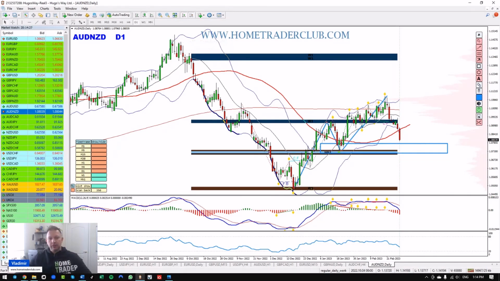If we look at the sequence from the previous bearish move from September 2022, you can see also a sequence of lower highs, lower lows. Look where the most recent untested level is meeting us right here, and that's again within the same zone.